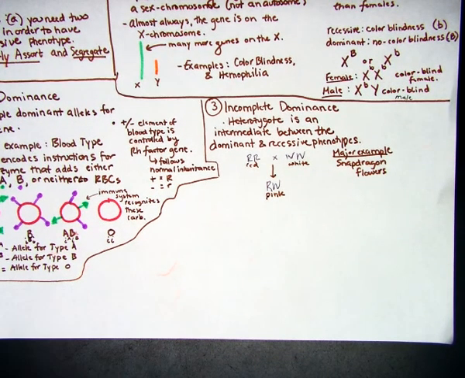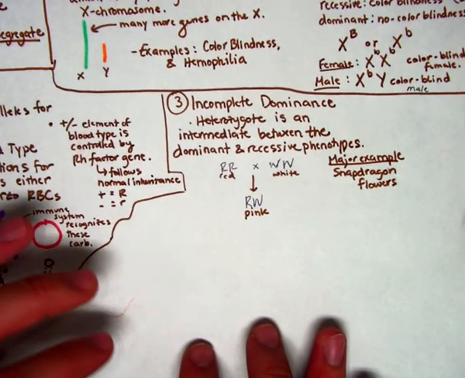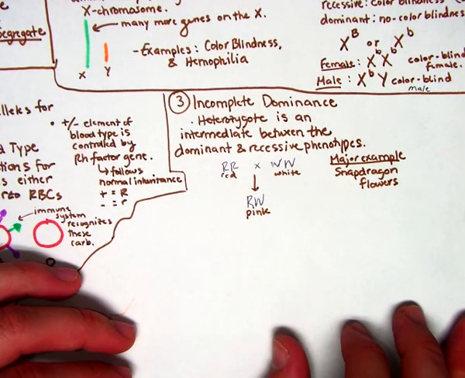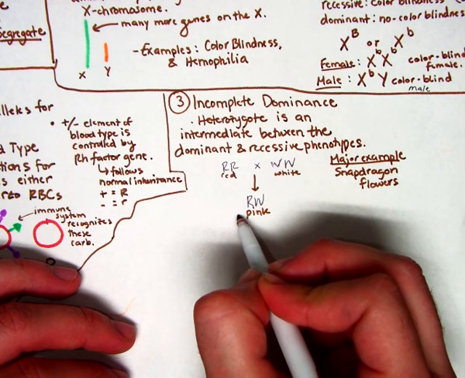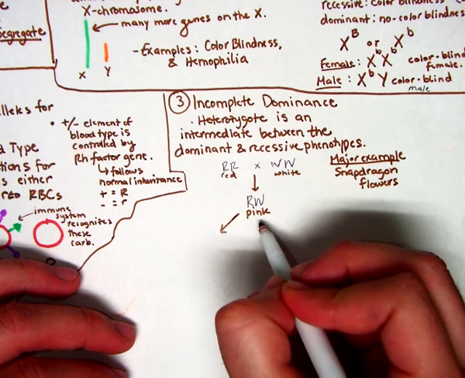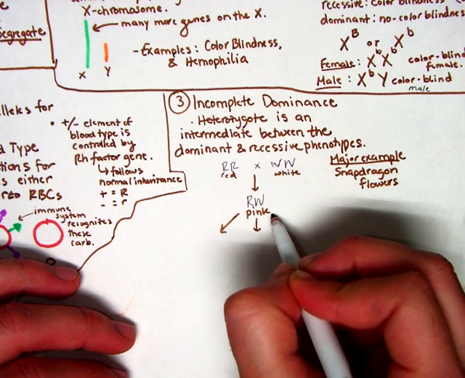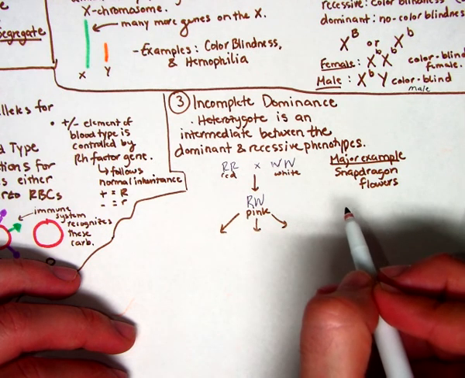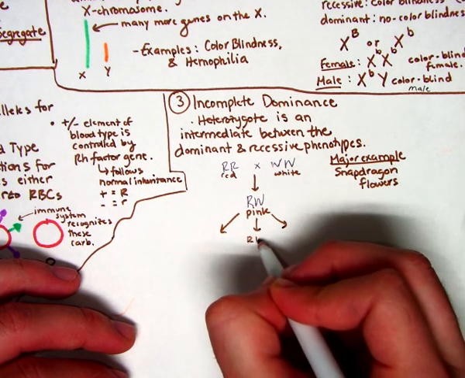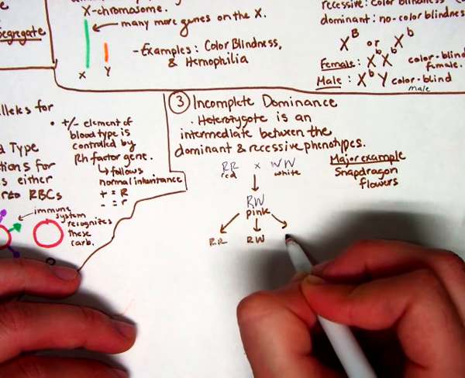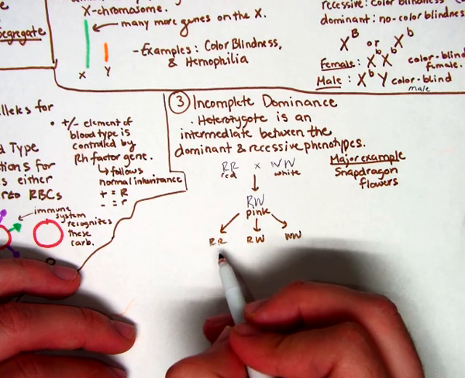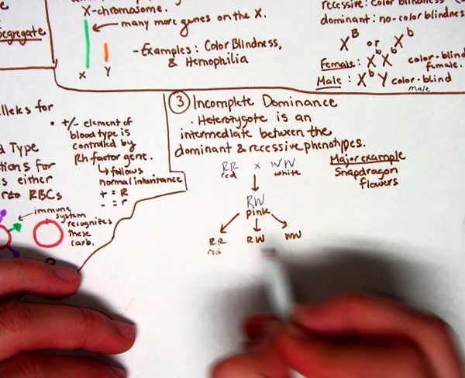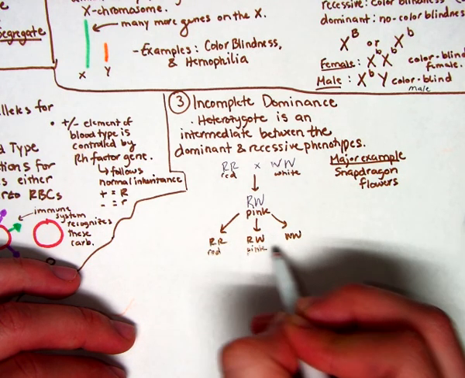So they're like an intermediate of the dominant and the recessive phenotype, the dominant being red and the recessive being white. If you cross these again, if you do a monohybrid cross here, you're going to get red, pink, and white flowers.